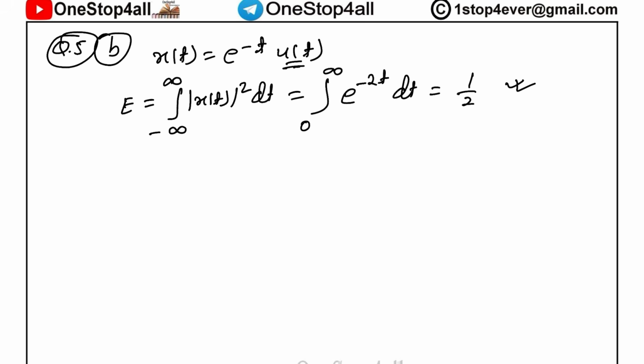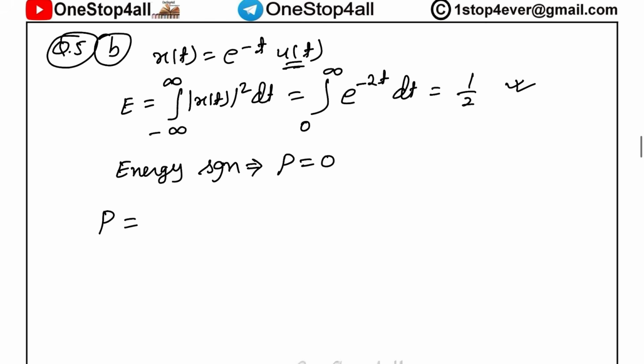As it has some energy, that means this signal is an energy signal, and we know that the energy signal has the power of 0. Even if we calculate the power, as this one is non-periodic, it is u of t and it is non-periodic.